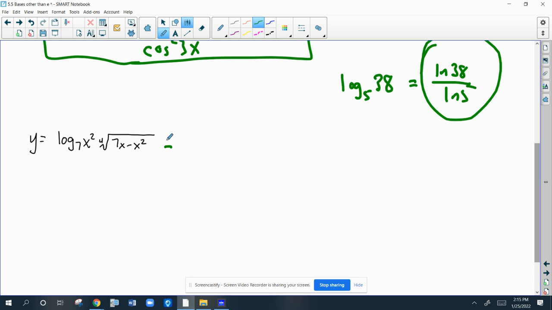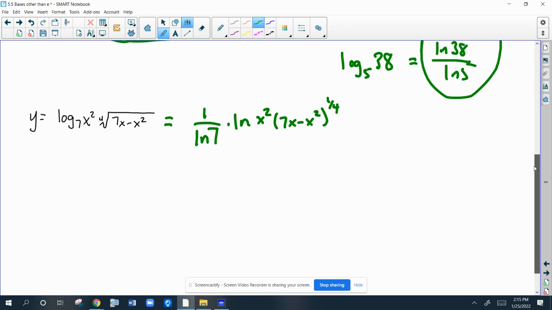So this one, I'm going to change it to the natural log of this algebraic expression over the natural log of 7. Just to make it a little bit neater, the over natural log of 7 part is a constant. So just write that as a factor. So there's what it looks like.